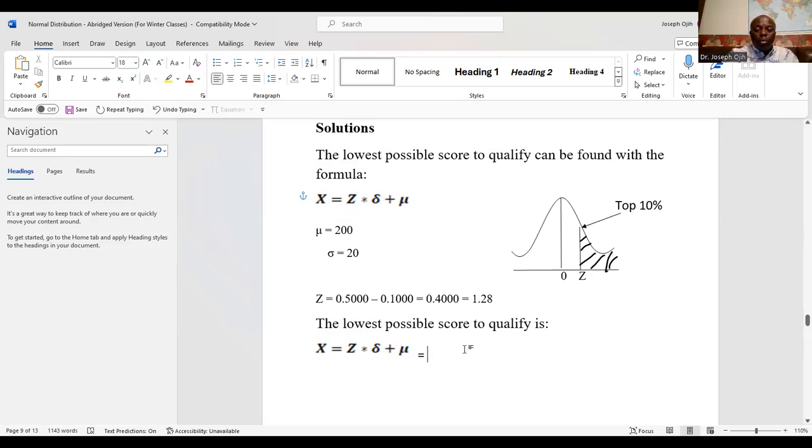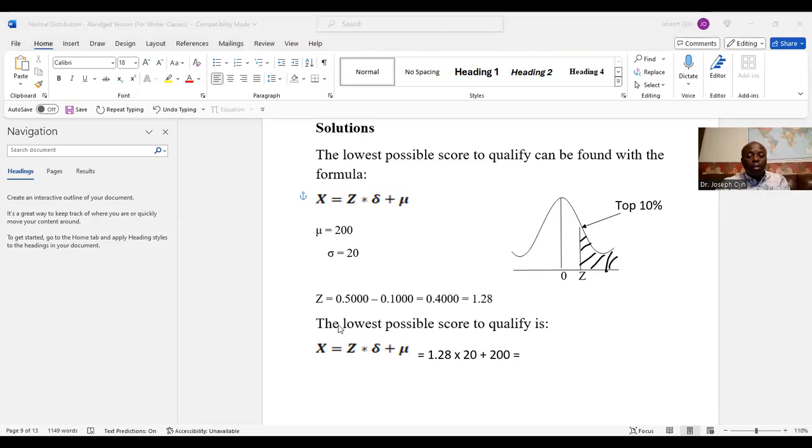Our z is 1.28 times the standard deviation of 20 plus the mean of 200. And that will give us the lowest score to qualify. So I have 1.28 times 20 plus 200. Let me put this on the calculator.